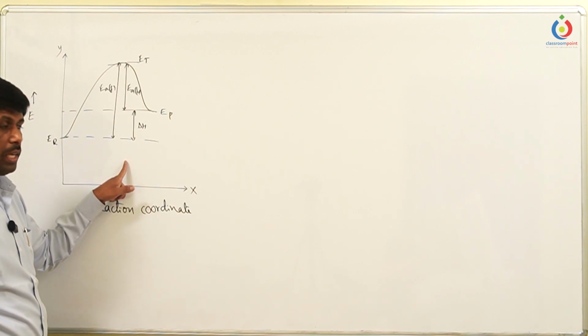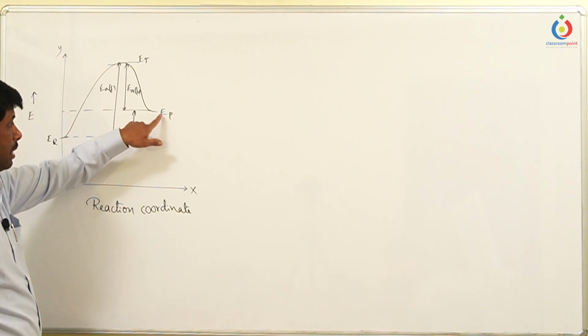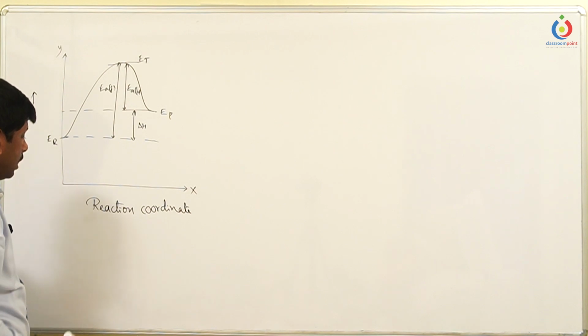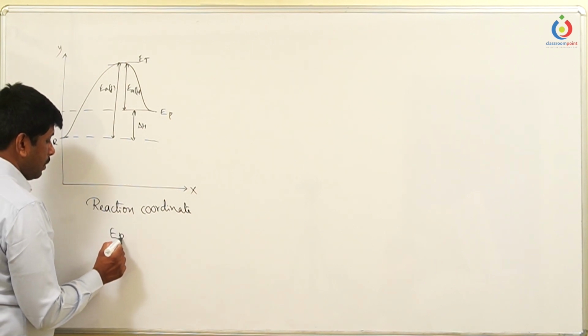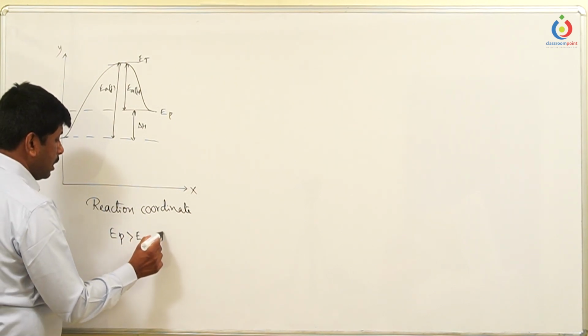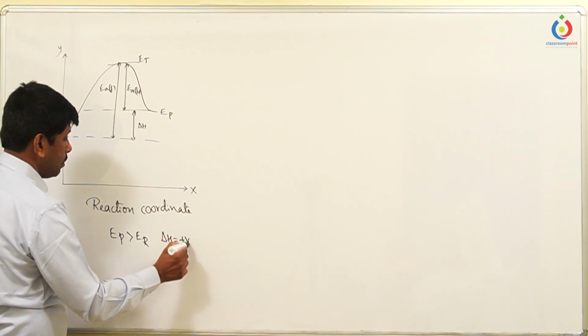So for an endothermic reaction, the profile diagram looks like this. Why? Because the energy of the products is more than the energy of the reactants, and delta H is positive.